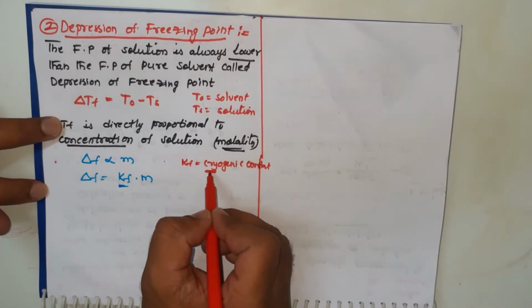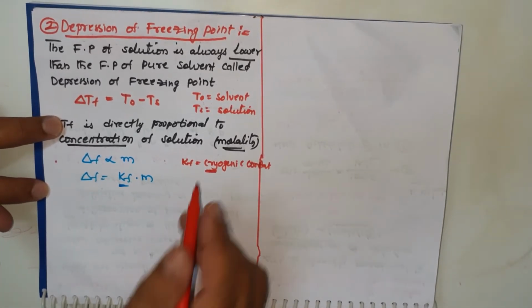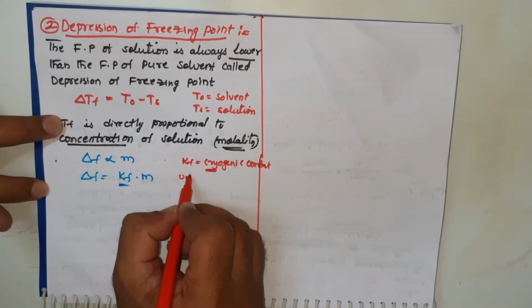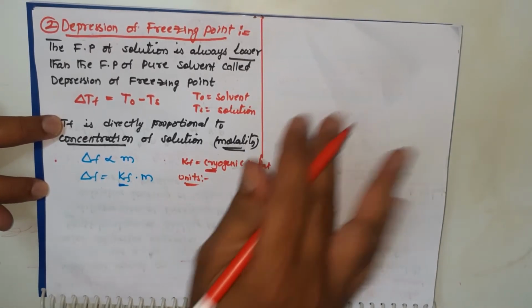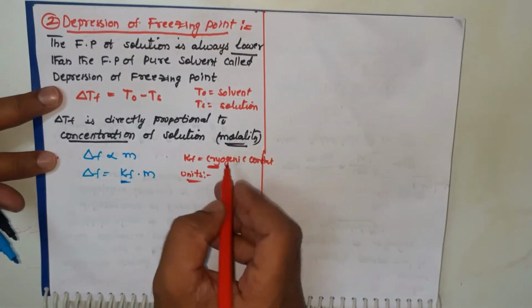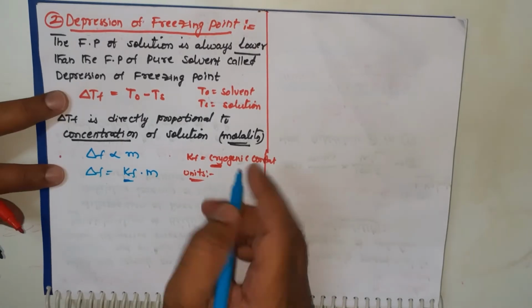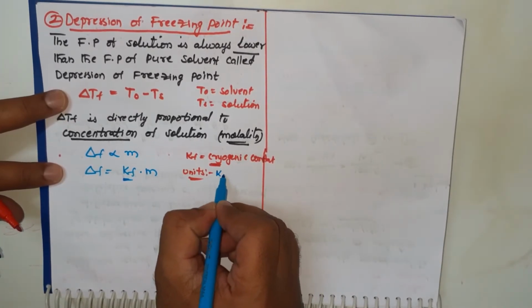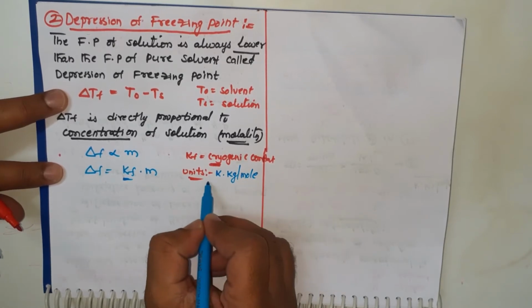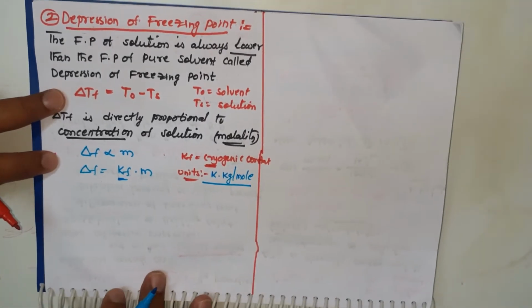Kf is the cryogenic constant, and its units are the same as the ebullioscopic constant, that is Kelvin kg per mole. Okay, remember this for MSET purpose.